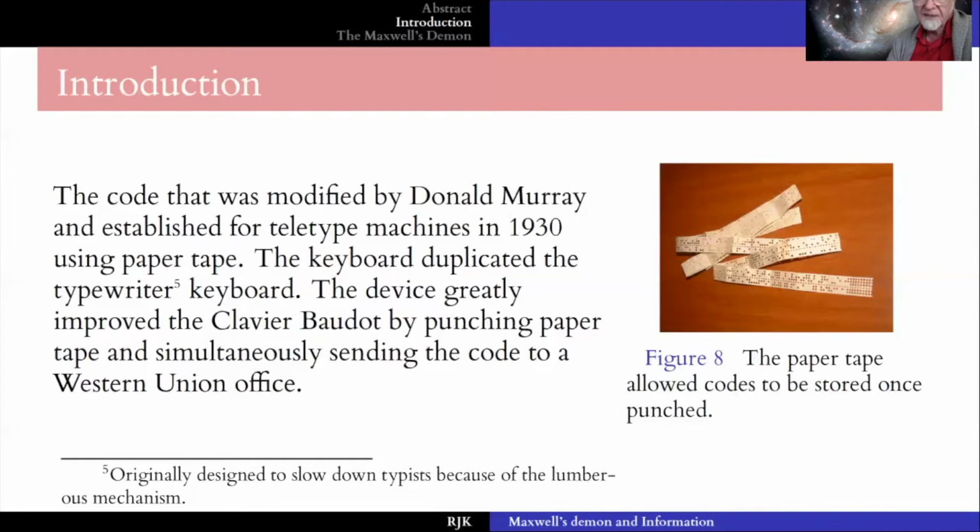So once the message had been punched in a tape, it could be folded or rolled, somehow collected in a drawer somewhere. And if you ever needed to send the message again, you would simply grab the original paper tape, run it through the teletype machine, and it would resend the information that was on there.